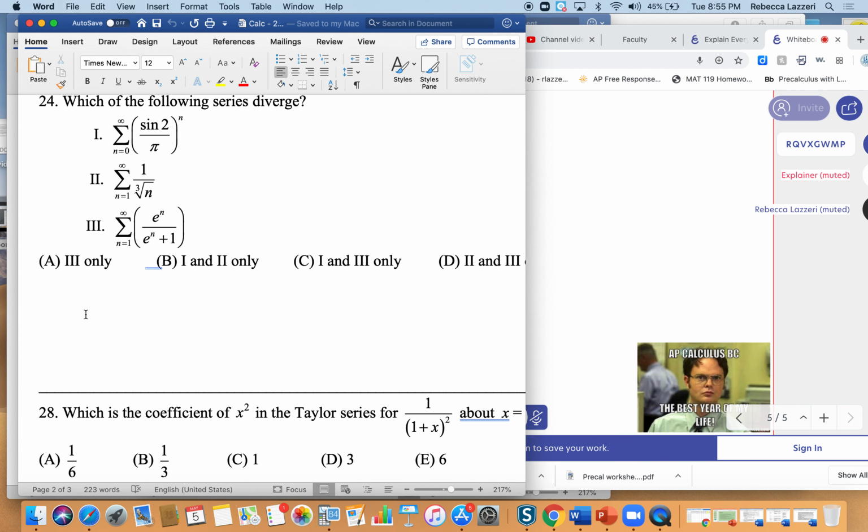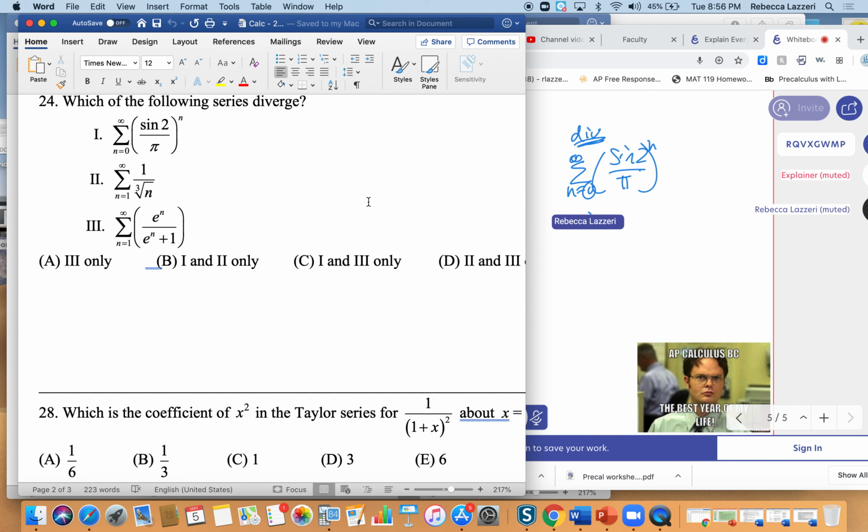But anyway, on 24, which ones diverge? Notice the word diverge. So make sure you're looking at the words, underline them when you're doing your free response this year. Always look and see where this starts. And this is sine of 2 over pi to the n power. That's really weird.